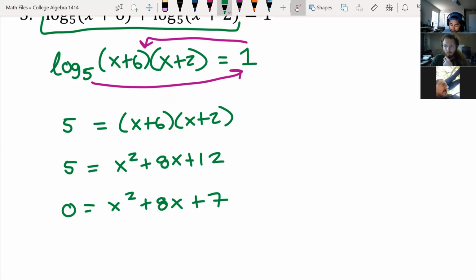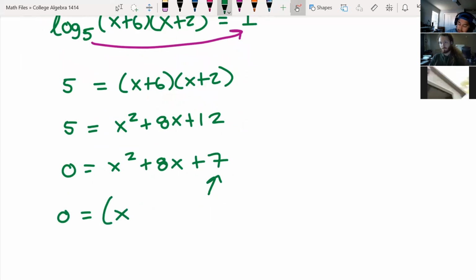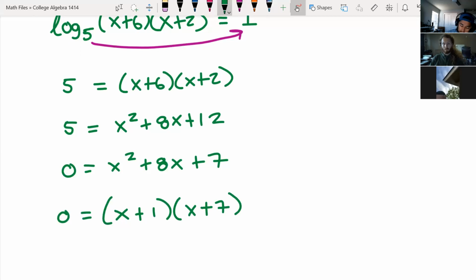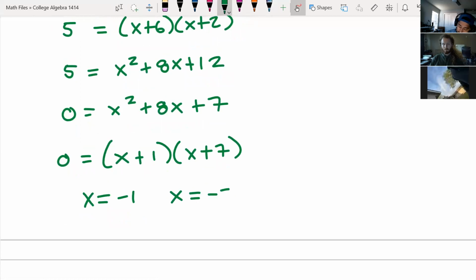Okay. And now let's go ahead and factor this. The only factors of 7 that can make 8 are just 1 and 7. Set these equal to 0, and we get x equals -1 and x equals -7.